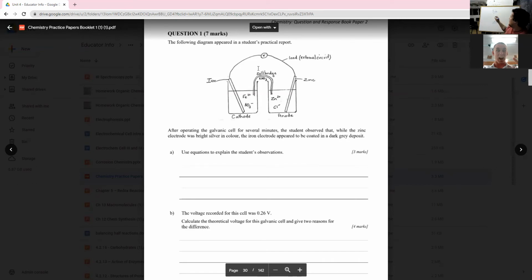At the anode, we have zinc. We're taking away 2 electrons and producing Zn2+.